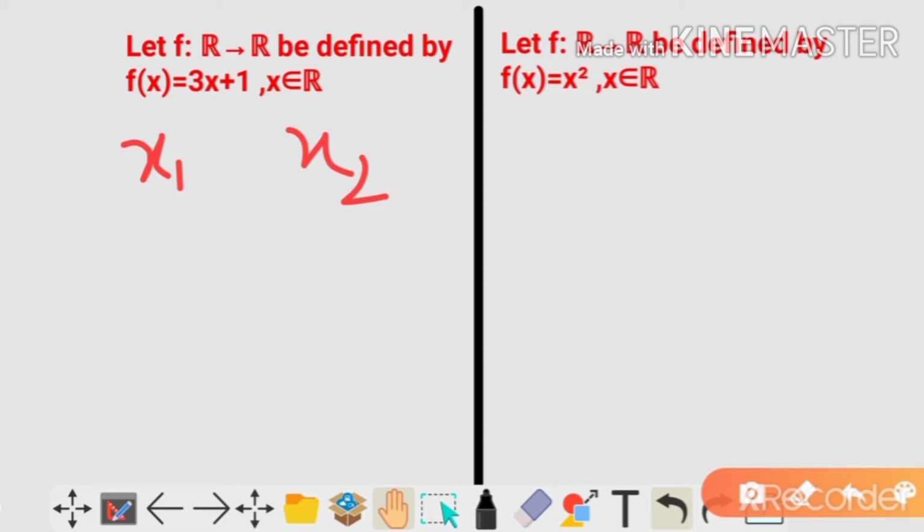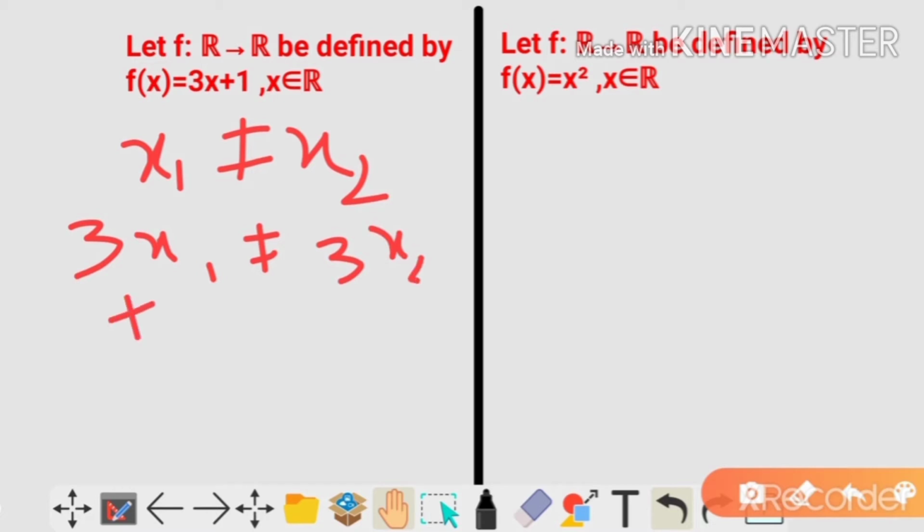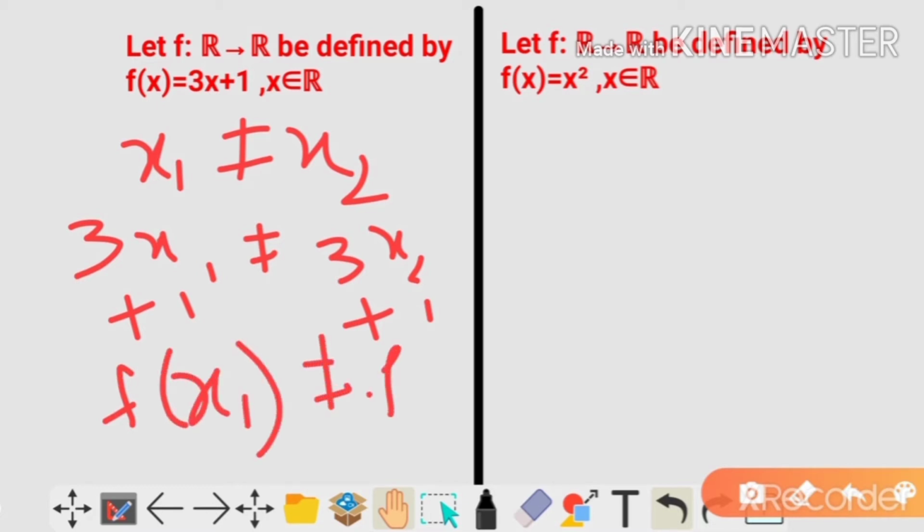They belong to R and they are not equal. Let's multiply by 3 on both sides. Now we'll add 1 to both sides. Then it will be the image of x1 and it will be the image of x2.